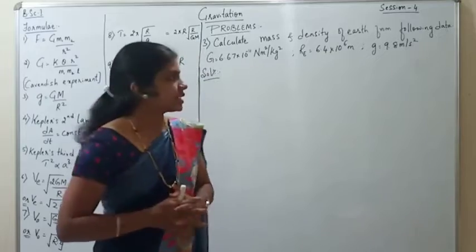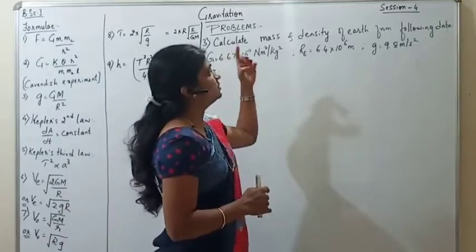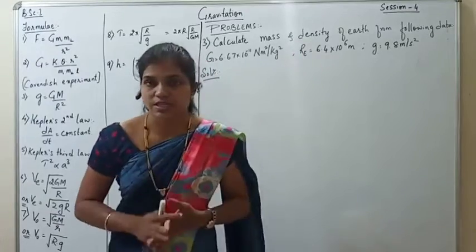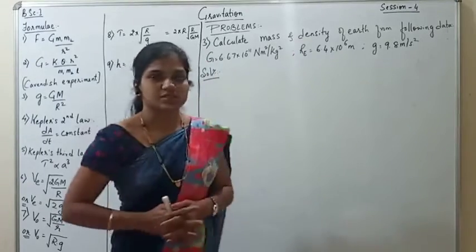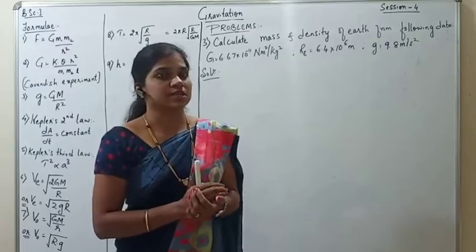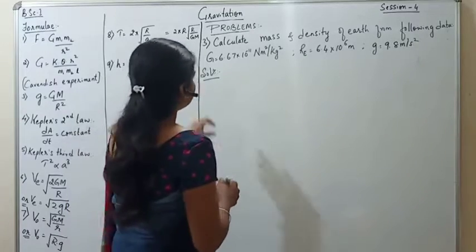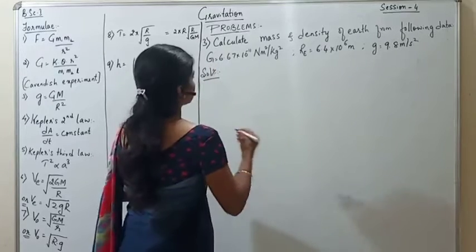The third problem says calculate the mass and density of the earth from the given following data. So data is given to us and we have to calculate the mass and density of the earth. So what is given to us?